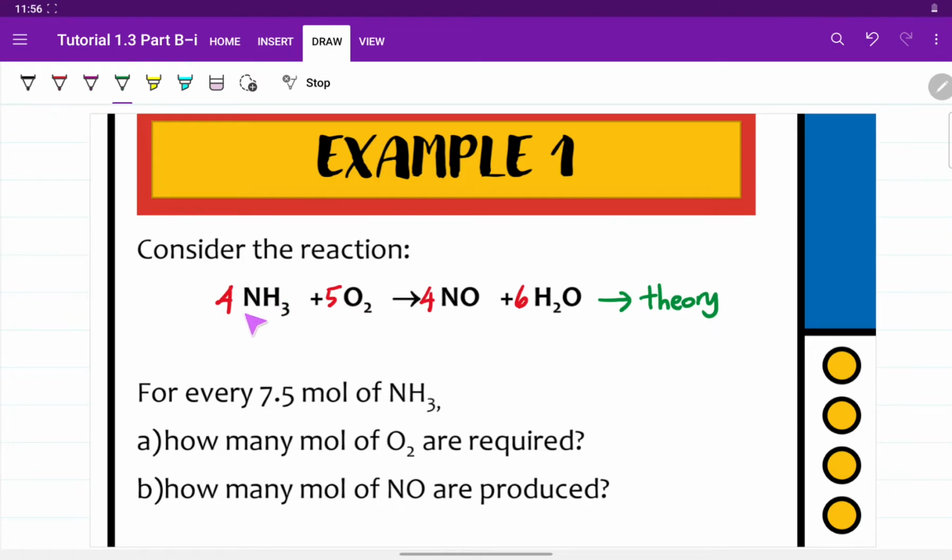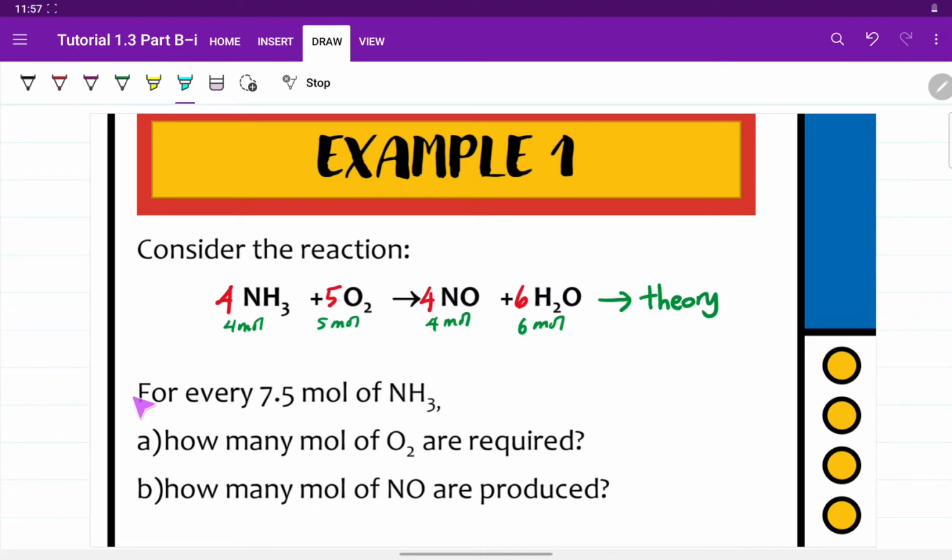So, dekat sini, what you can see is, you have 4 mole of NH3 react with 5 mole of O2 to produce 4 mole of NO and also will produce 6 mole of H2O. So this is the theory. Number of mole theory yang datang daripada balance equation dekat sini. Now, look at the question.